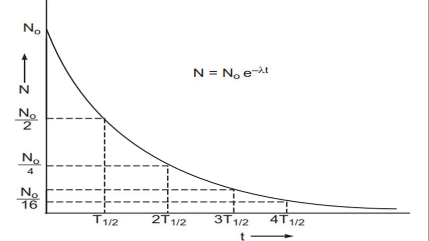So N0 is the highest amount of nuclei. Now what happens when time reaches T half? When small t becomes T half, N will become N0 by 2. So you can see when t is equal to T half, N becomes N0 by 2. The corresponding y value will be N0 by 2.